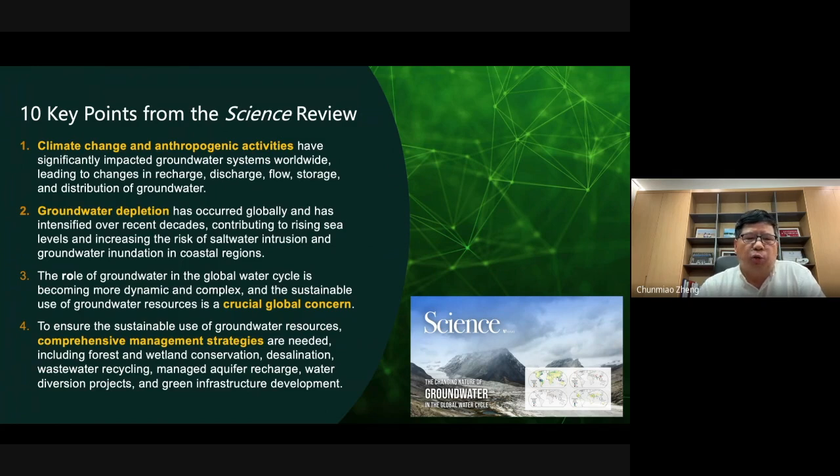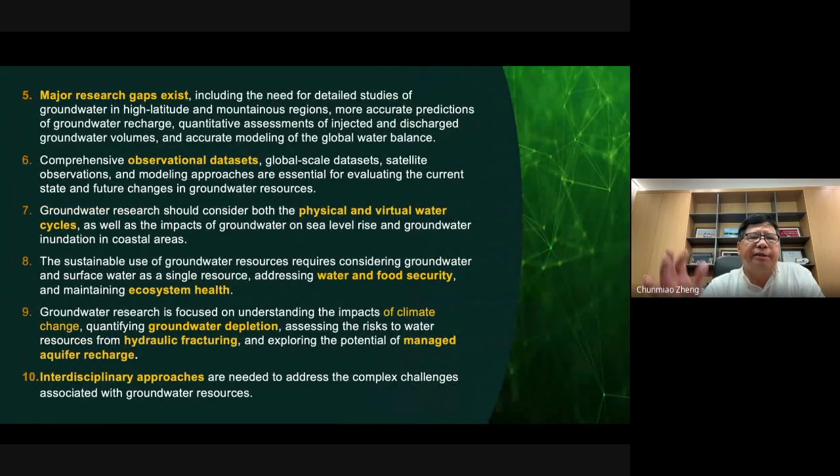And then we describe some comprehensive management strategies which might be used to mitigate the overdraft groundwater issues. And then we also identify some major research gaps in groundwater research, and also point out how very important it is to have observational data sets, and more monitoring networks, and also talk about the importance of dealing with both physical and virtual water cycles that are embedded in the global food trade.